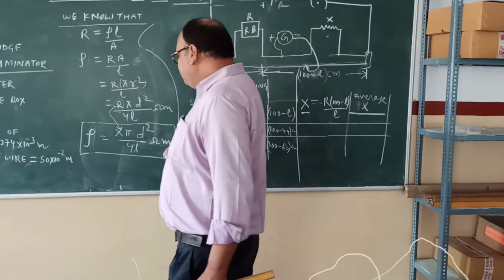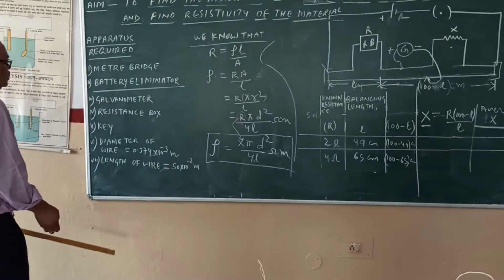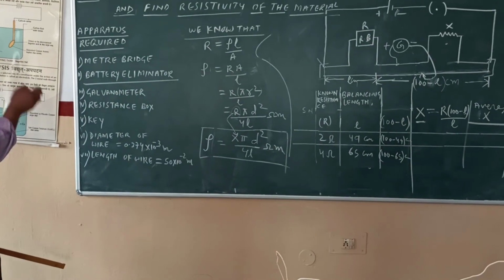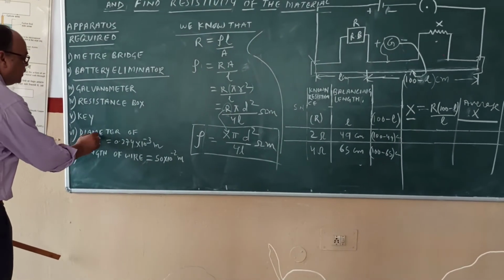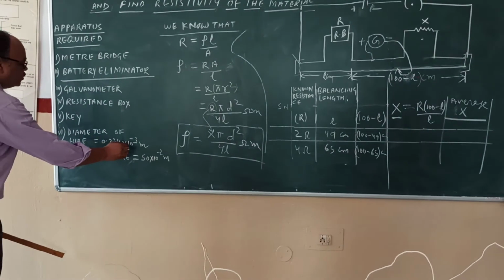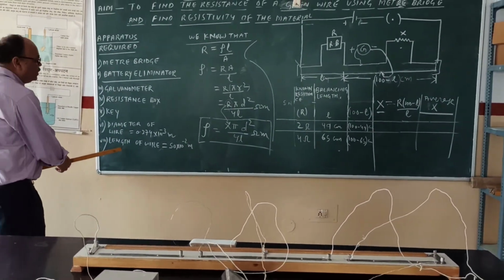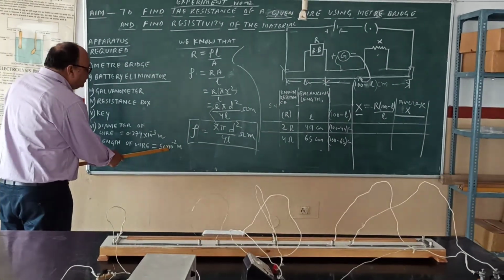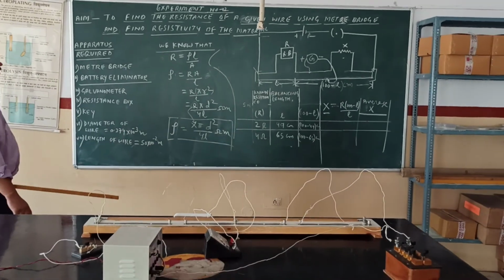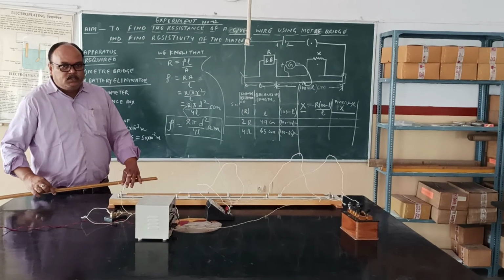In this way, the resistivity of the material can be found. For the sake of convenience, the diameter of the wire is written as 0.374 into 10 to the power minus 3 meter, and the length of the wire is 50 into 10 to the power minus 2 meter. In this way, this experiment is complete.